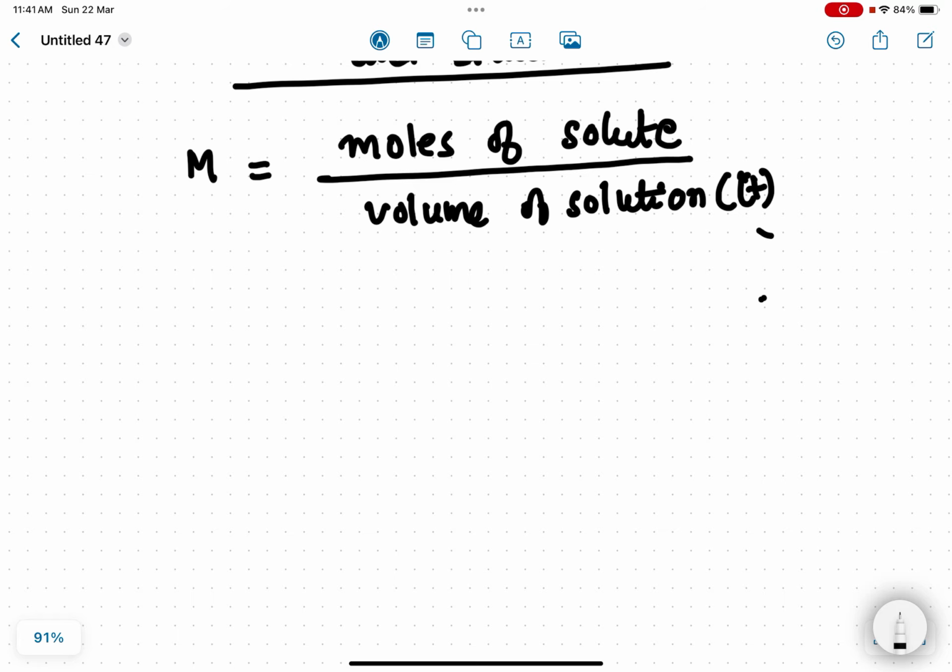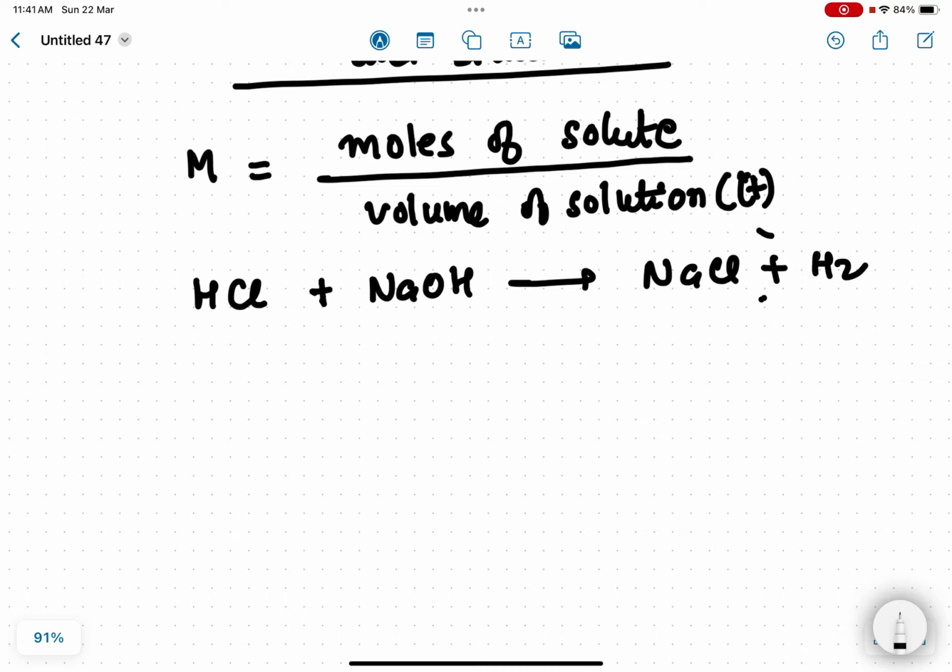But when we see a reaction, for example, the reaction of HCl with NaOH, which will form NaCl plus water. In terms of moles, 1 mole of HCl will react with 1 mole of NaOH.